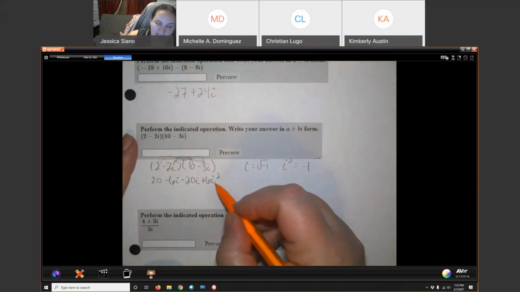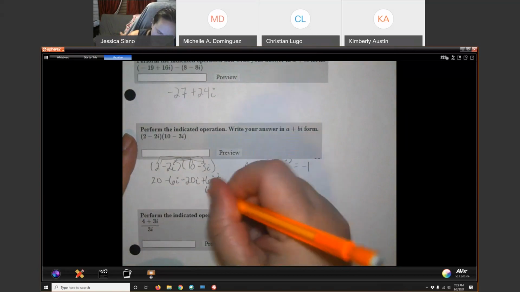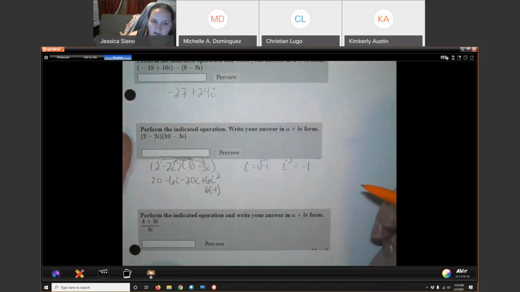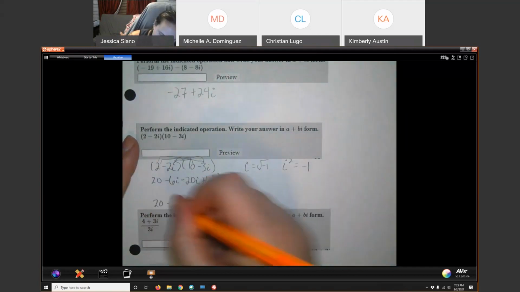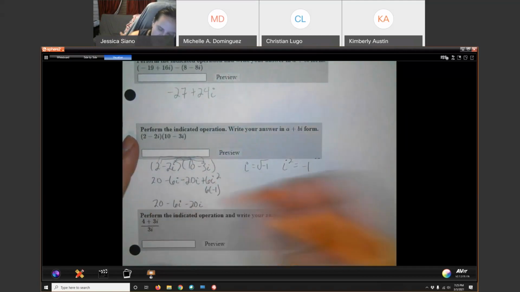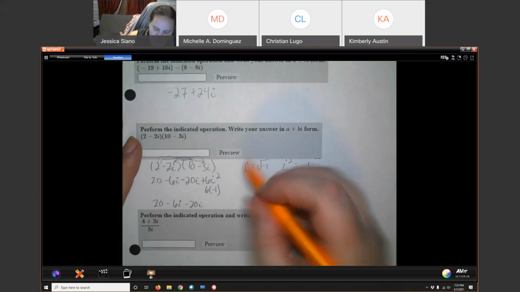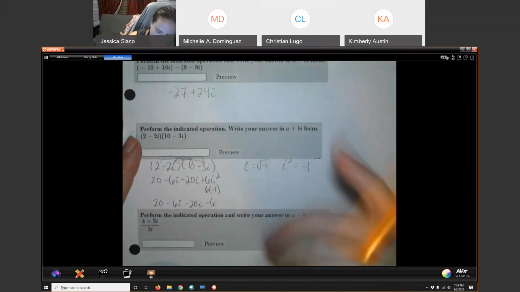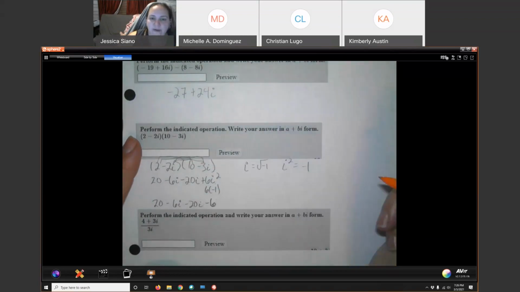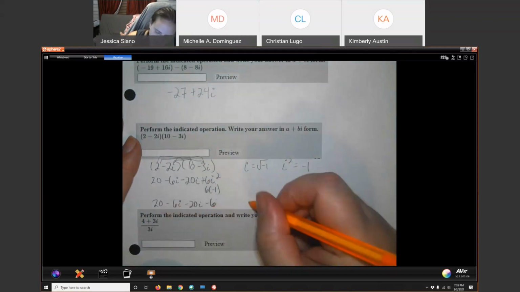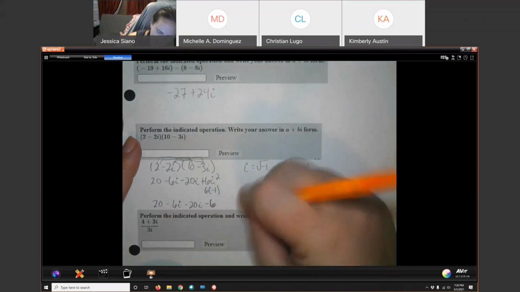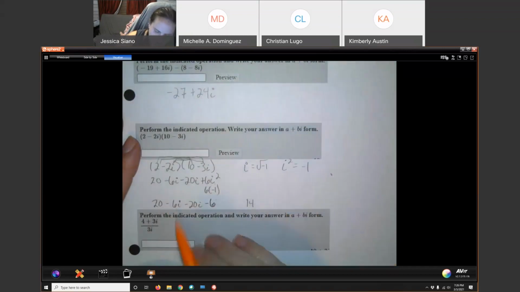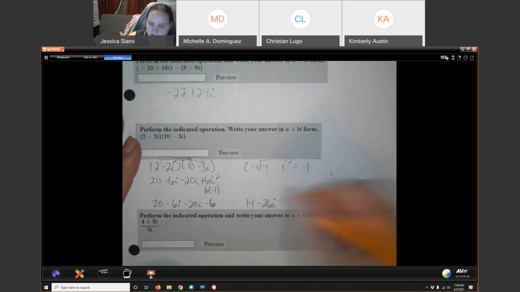So I'm going to take this i squared and make it negative 1. And so then what I have here is 20 minus 6i minus 20i, and instead of plus 6i squared, minus 6, no i anymore. And now I combine like terms. So 20 minus 6 is 14. And a negative 6i minus 20i would be minus 26i.